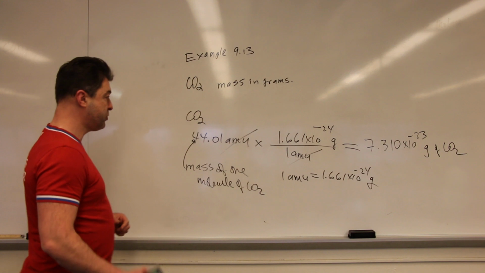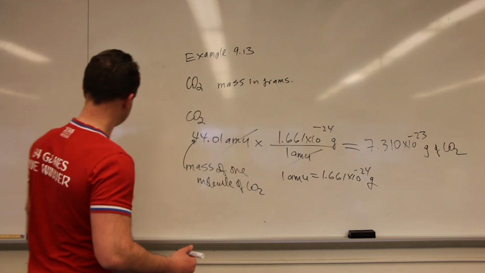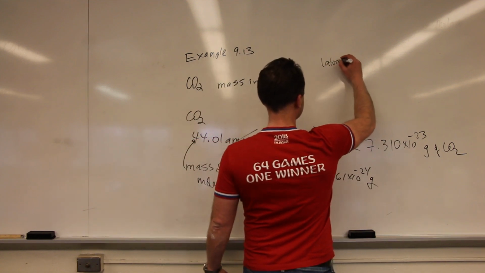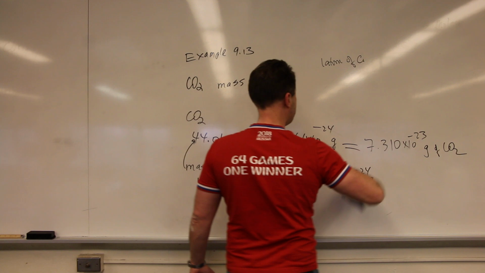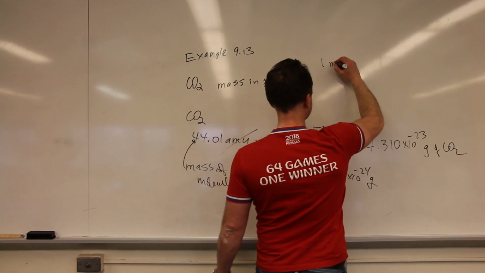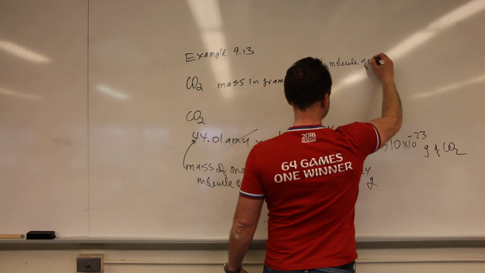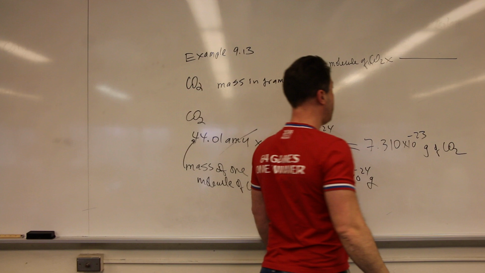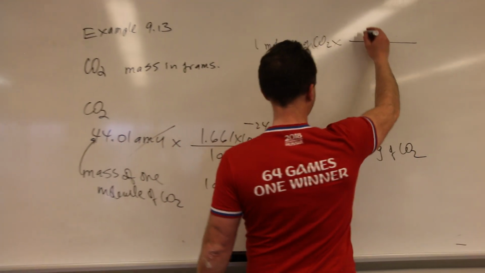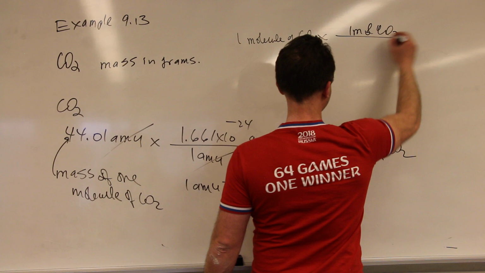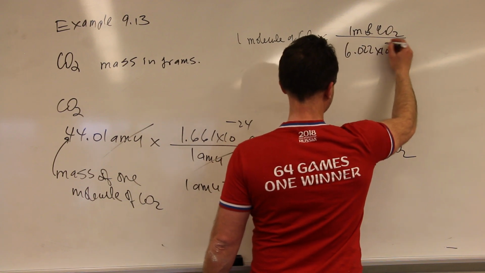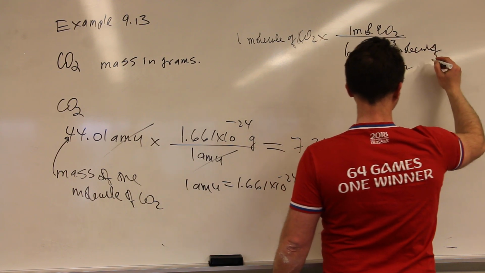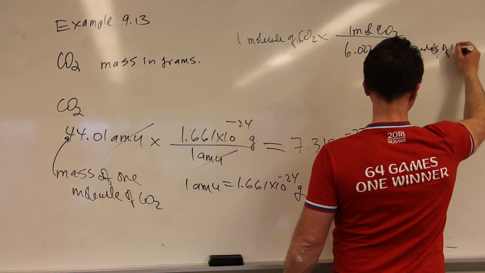What's another way of dealing with this problem? Well, you can also do it this way. You're given one molecule of CO2, times, well, what I can do now is get into the moles. 1 mole of CO2 contains Avogadro's number of molecules of CO2.